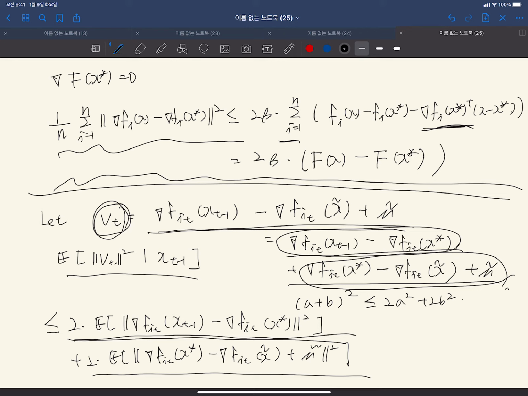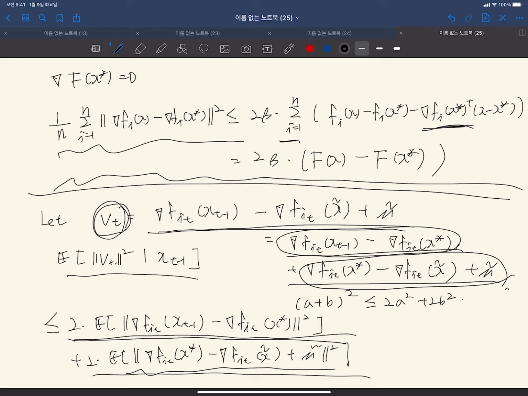And we know this is upper bounded by 2 times beta times f xt minus 1 minus f x star. Right? And also for this, we can use a very simple trick.